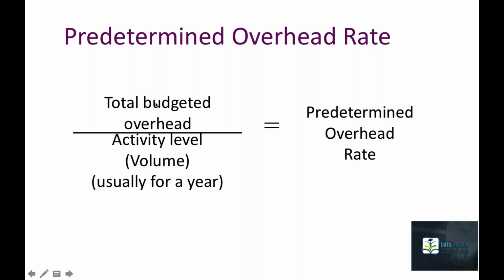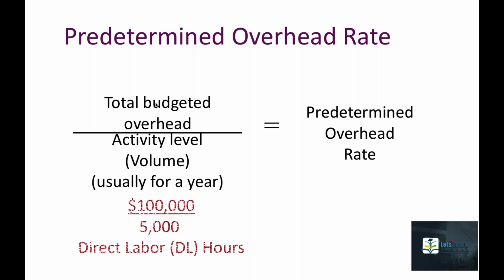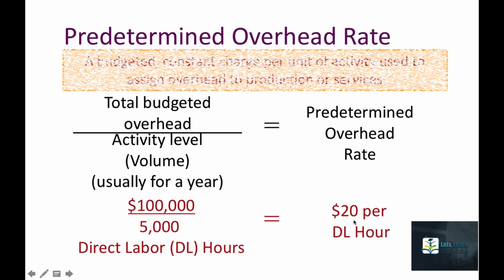Usually it is for a year because in one month we may get fewer hours, in another month we may get more hours because of holidays and working days. As an example, this company has a predetermined total budgeted overhead for one year of $100,000, and we can extract, say, 5,000 direct labor hours. So $20 per direct labor hour.